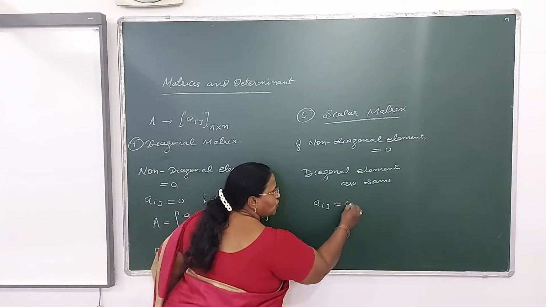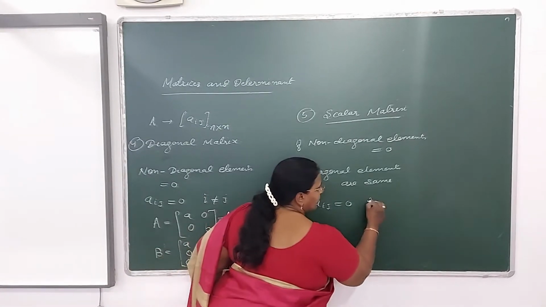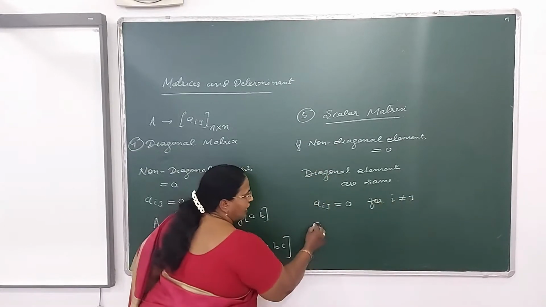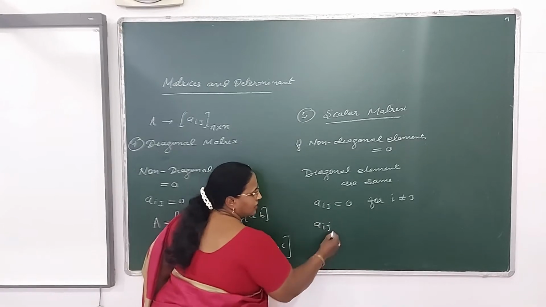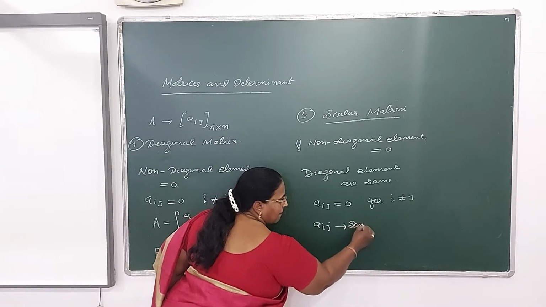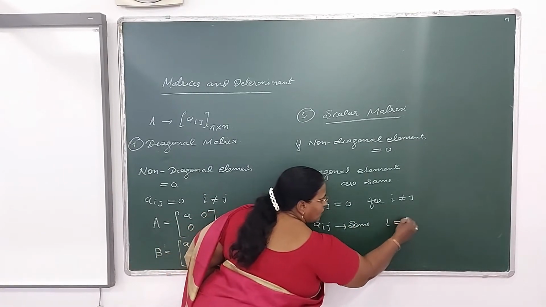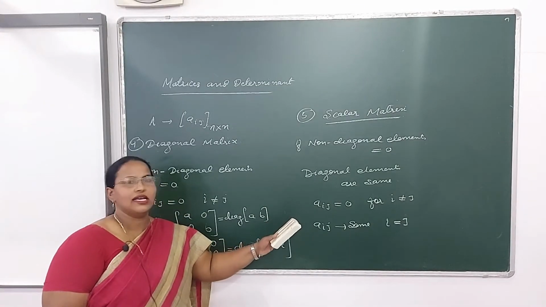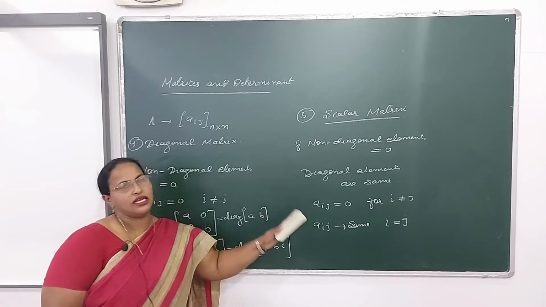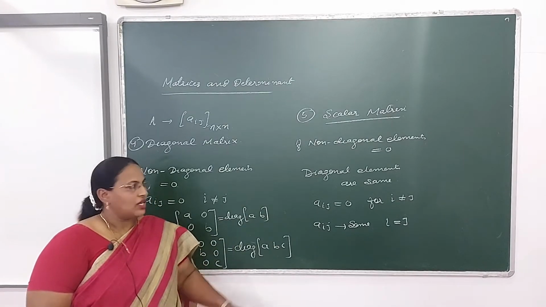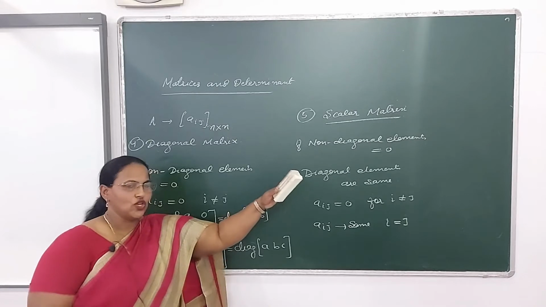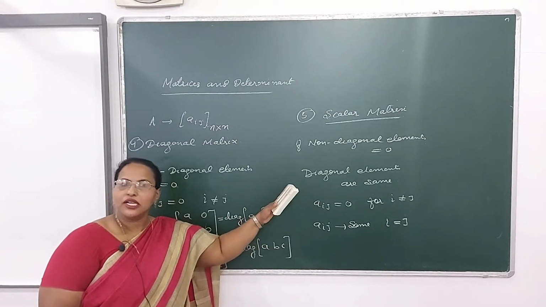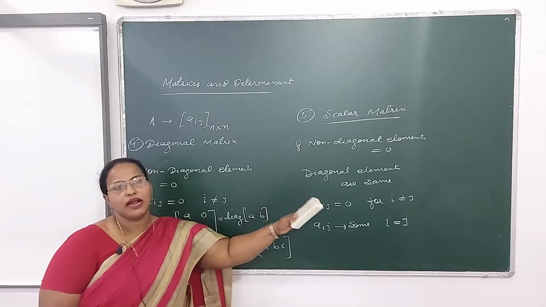Aij is equal to 0 for the condition i not equal to j, and the elements are the same for i equal to j, then the matrix will be called a scalar matrix. Non-diagonal elements 0, diagonal elements the same, then the matrix will be called a scalar matrix.